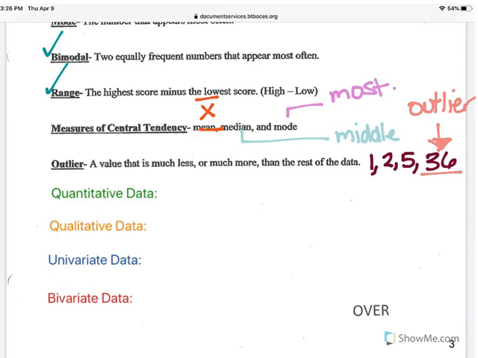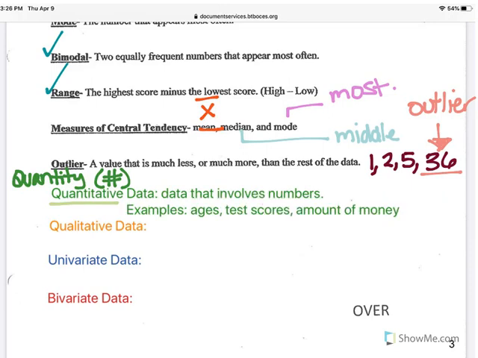So we'll start with quantitative data. Quantitative data should make you think of quantity, which deals with numbers. This type of data involves numbers, so anything that can be represented as a number, for example, ages, test scores, amount of money, things like that, your basic statistic items.